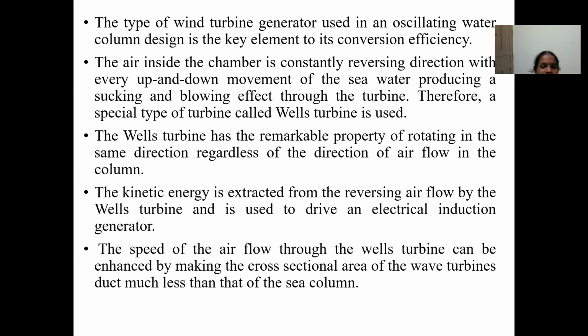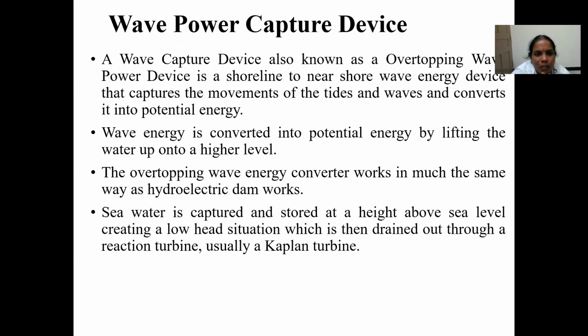The Wells turbine has a remarkable property of rotating in the same direction regardless of the direction of airflow in the column. The kinetic energy is extracted from the reversing airflow by the Wells turbine and is used to drive an electrical induction generator. The speed of the airflow through the Wells turbine can be enhanced by making the cross-sectional area of the turbine duct much less than that of the water column.